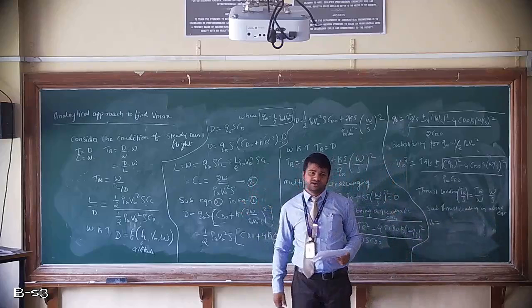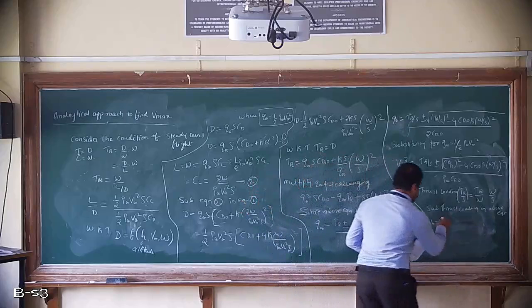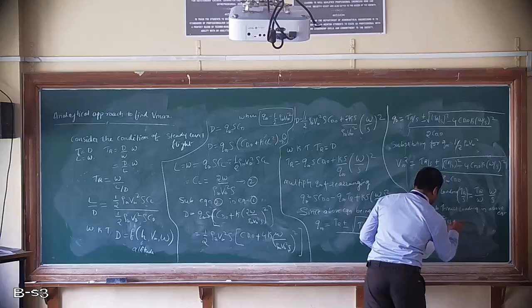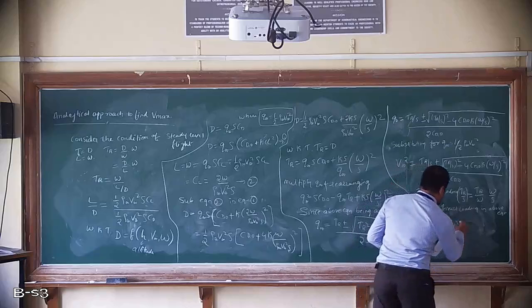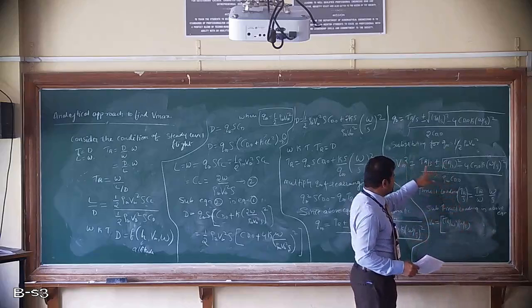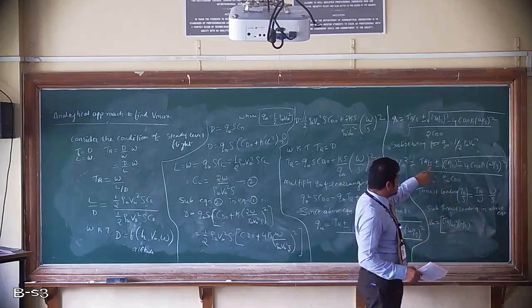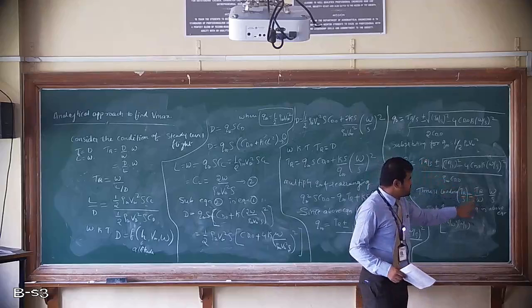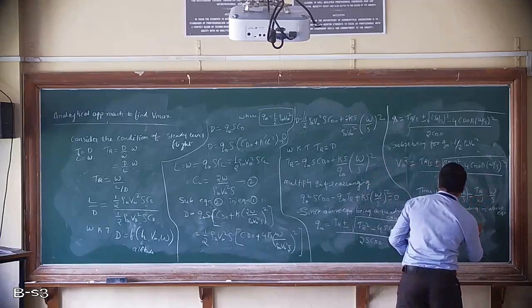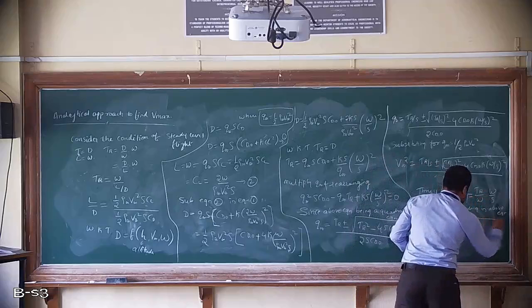That is written as TR by W into W by S. I'm just replacing TR by S as TR by W into W by S, plus or minus square root of.